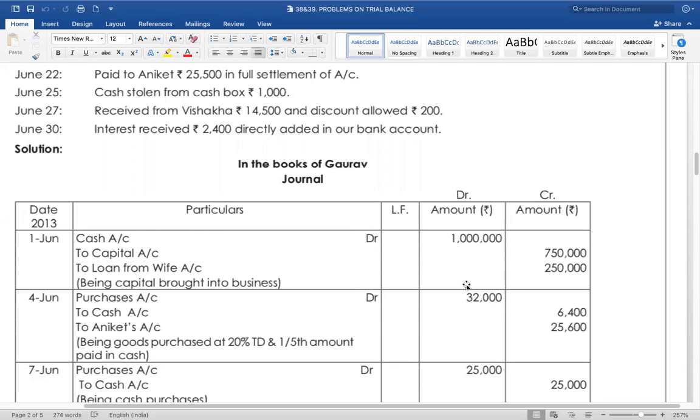Okay, 32,000. And this is the purchase account debit, purchase account debit 32,000.